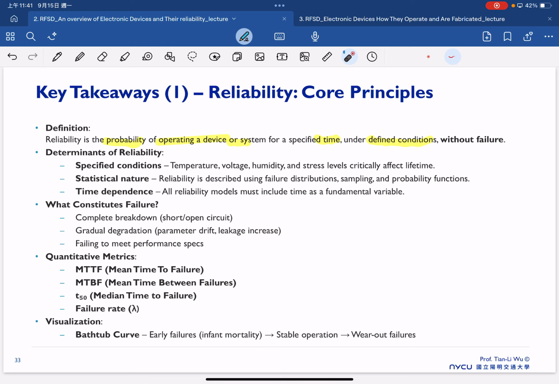And there are certain quantitative metrics such as MTTF, MTBF, T50, T63.2, and T1, and also the failure rate. And we very often use the bathtub curve to understand there will be 3 different phases, which are early failures, stable operation, and wear-out failures.